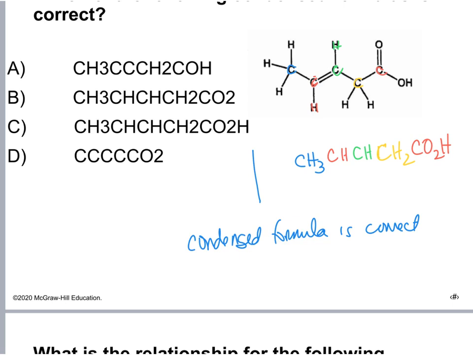Which one does that match? There's your CH3, your CH, your CH, your CH2, but this one's missing the H here. So let's go to the next one: CH3, CH, CH, CH2, and then CO2H. So C is the answer.